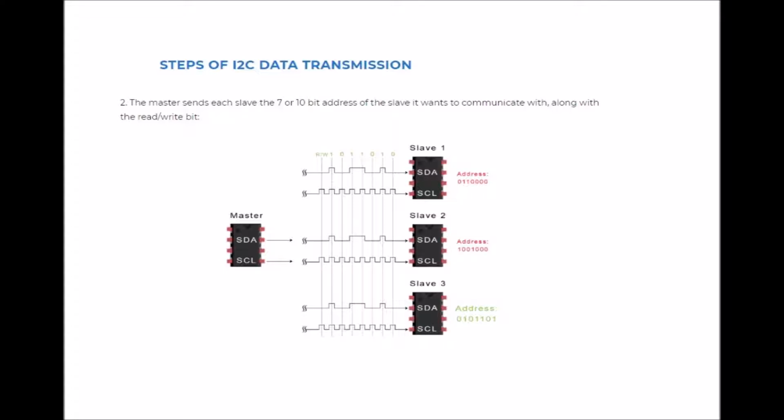So here's a picture, shows the master, and it's showing, I guess, an address being sent by the master. And I suppose slave number 3 is the correct slave that the master is trying to talk to.